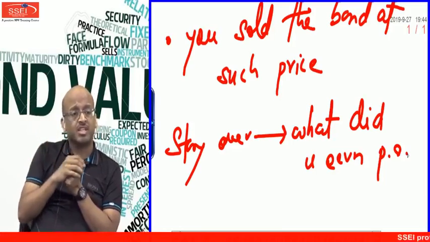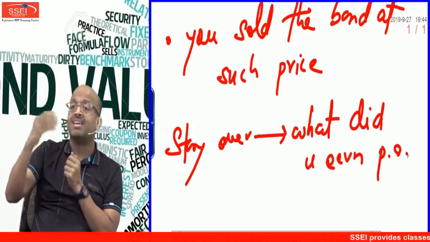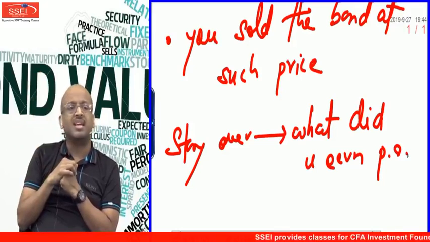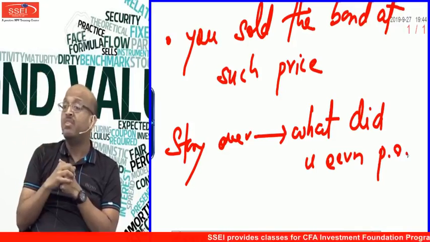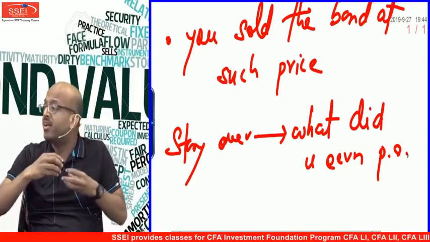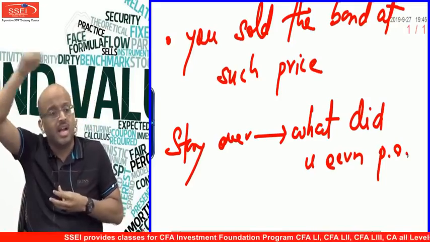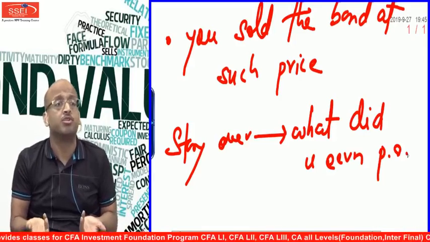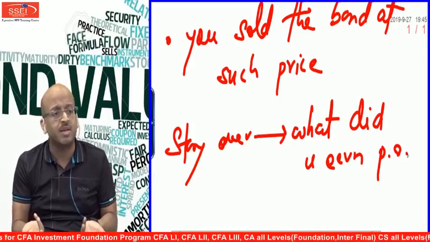I will get such and such cash flows. I think I can reinvest at this rate. I think after 7 years I can sell at this price. What yield will I earn? So that way it is realized yield only. They're trying to create a scenario for the future and then calculate the yield. The math is same as realized yield, although you can argue it's future. Doesn't matter. The stuff is same.